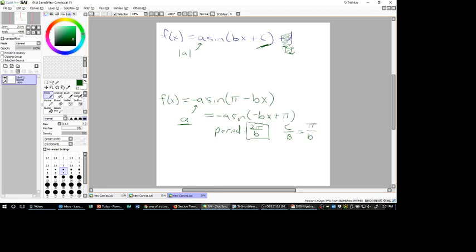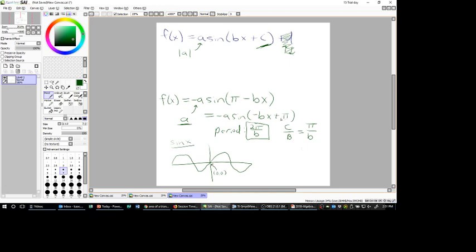So the original sine graph, other than being flipped over the x-axis and flipped over the y-axis, is going to be shifted pi over b units. To really verify that last part of the answer, you have to know what the parent sine function looks like. That's not a very good graph, but it gives you the idea. This is what the sine function looks like, and notice it naturally has an x-intercept and y-intercept at the origin.